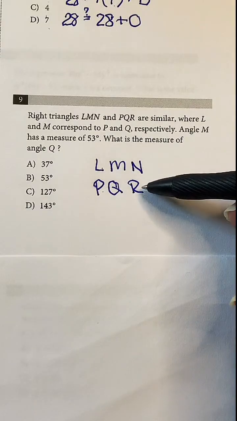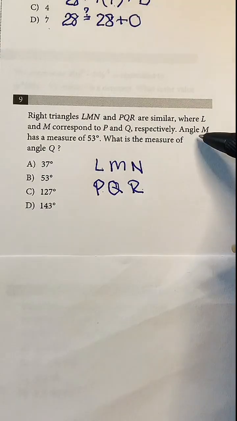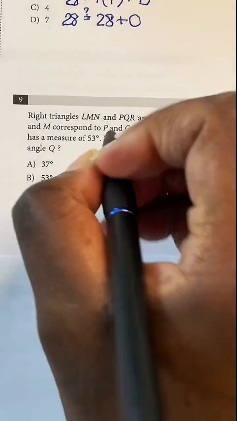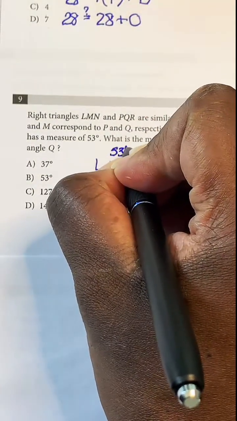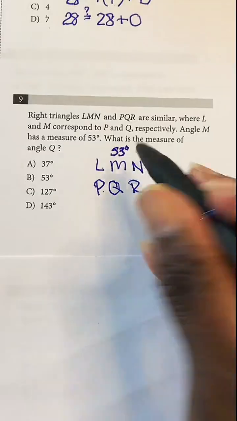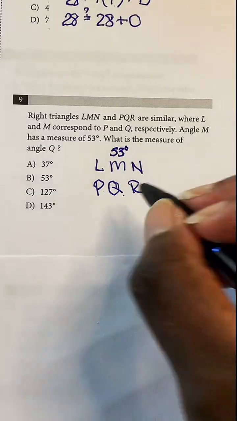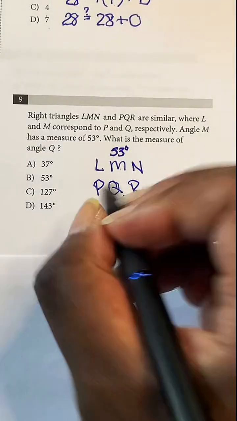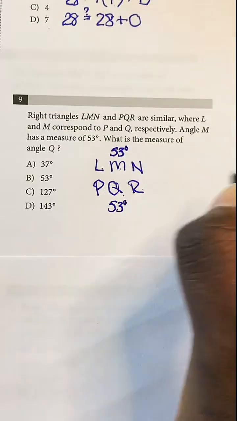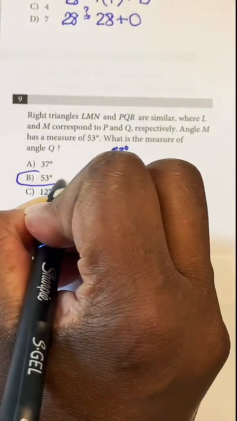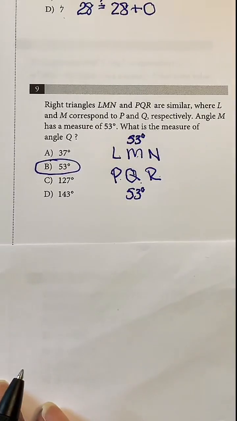What N is, that's what R is going to be. They're saying angle M is 53 degrees, and they want us to figure out what angle Q is. Well, M and Q are matched up, so this is also 53 degrees. Answer is B.